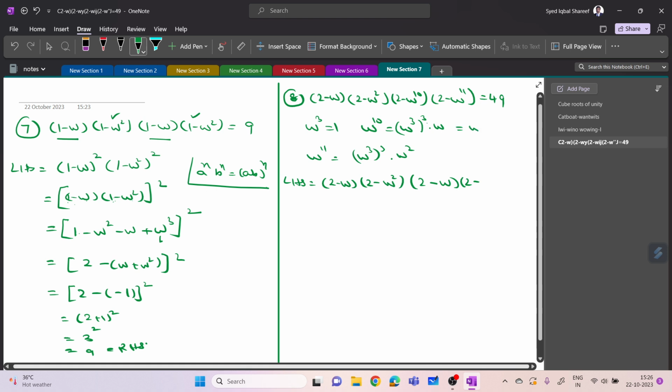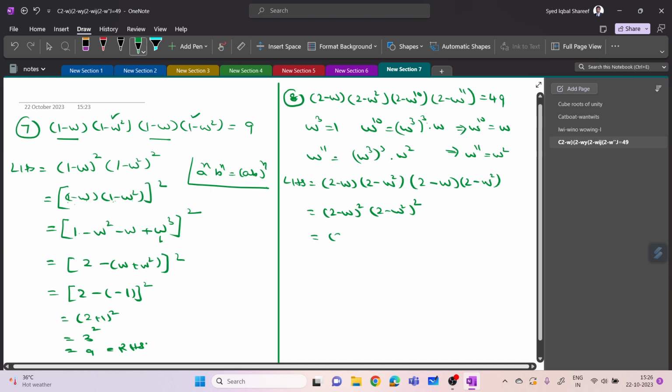Omega to the power of 10 is omega, which means omega to the power of 11 is omega square. So 2 minus omega square. Now the things are same. So 2 minus omega whole square, 2 minus omega square whole square.